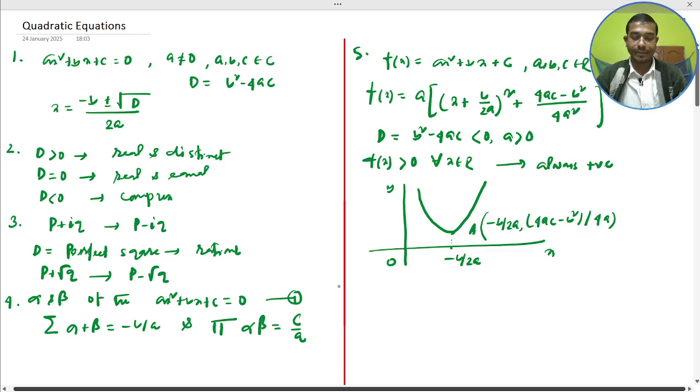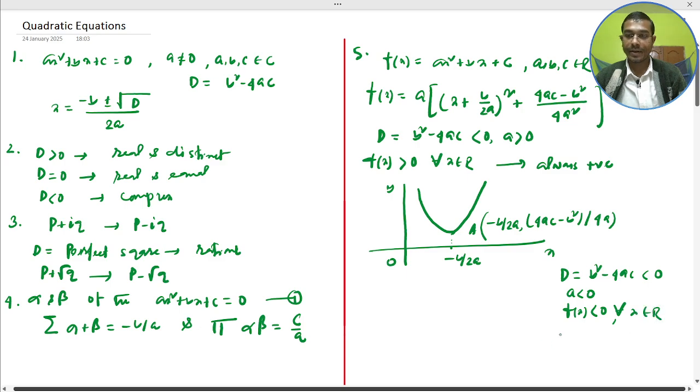And next one, for D, b square minus 4ac less than 0, and a less than 0, f(x) is less than 0 for all x belonging to R, always negative. So the graph would become like that, always in the negative quadrant.